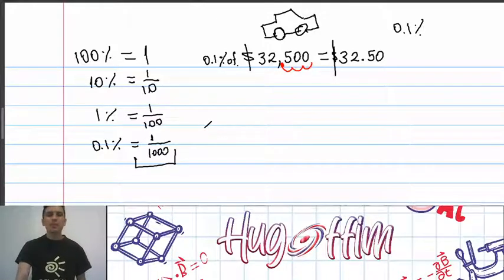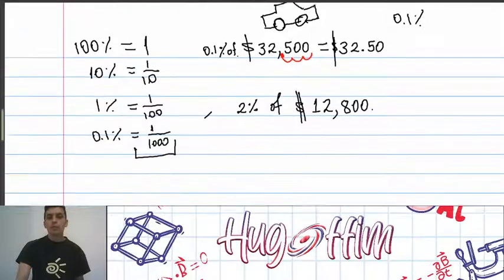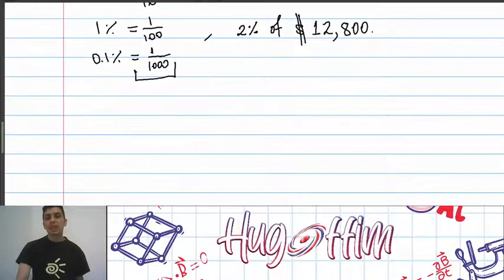But let's see what happens if you're asked to get 2% of, let's see that again with money, 2% of $12,800. You should just know that 2% is twice the 1%.